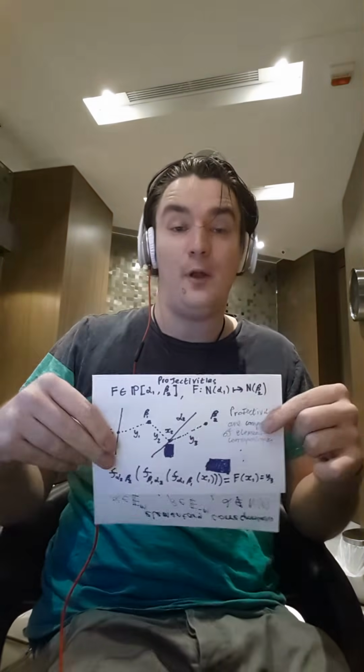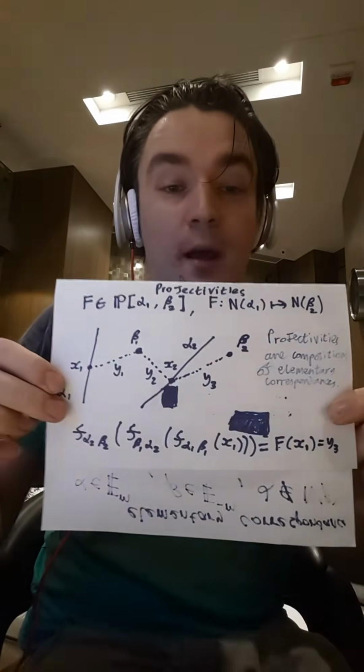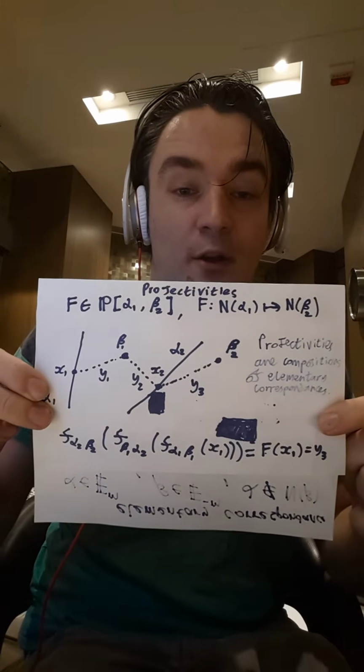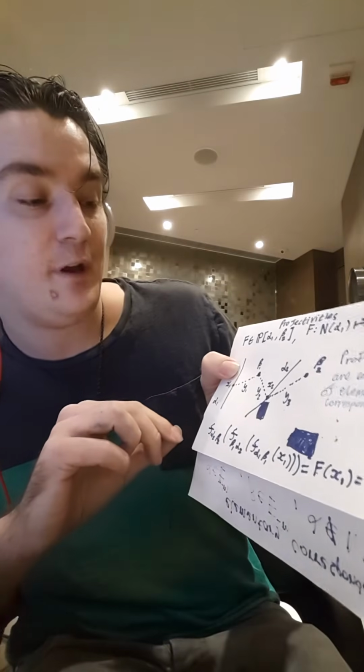what about projectivities? Well, now we've defined what an elementary correspondence is, it's quite easy to define what a projectivity is. Basically, a projectivity is just a composition of perspectivities. Okay?